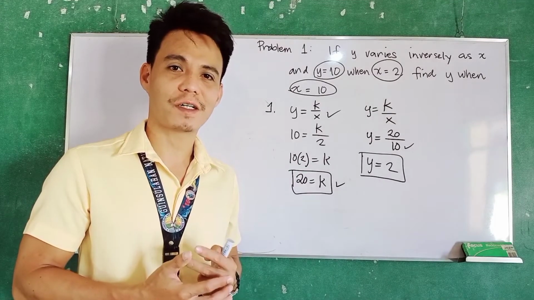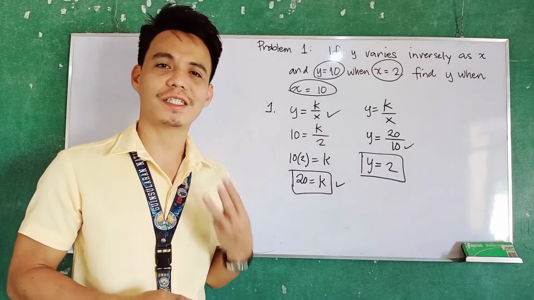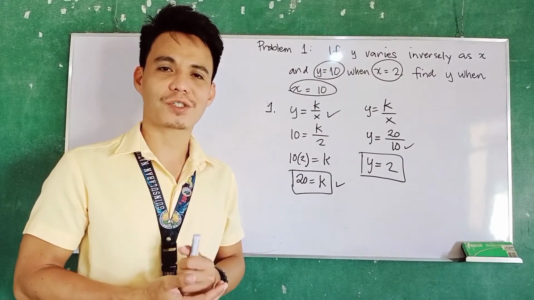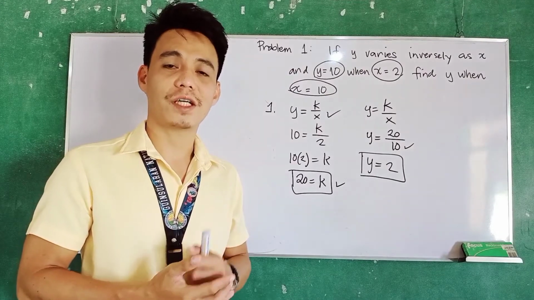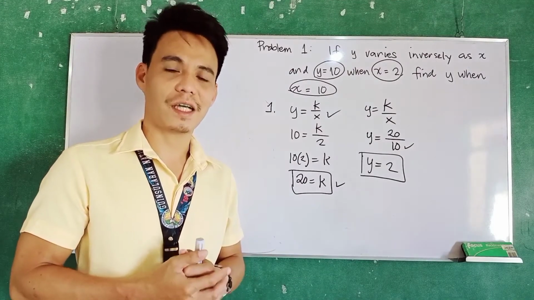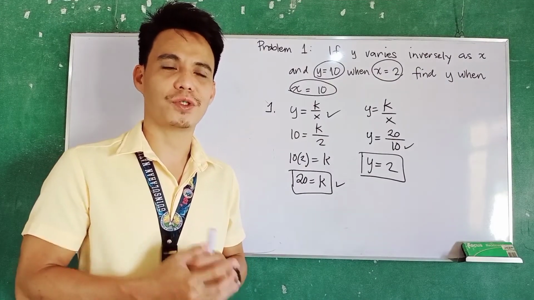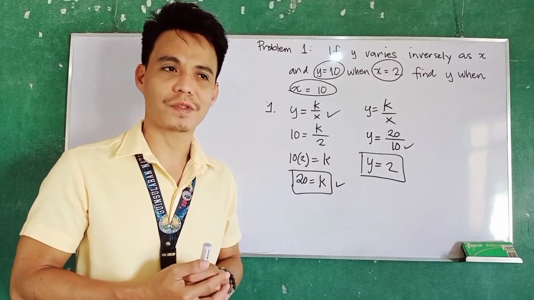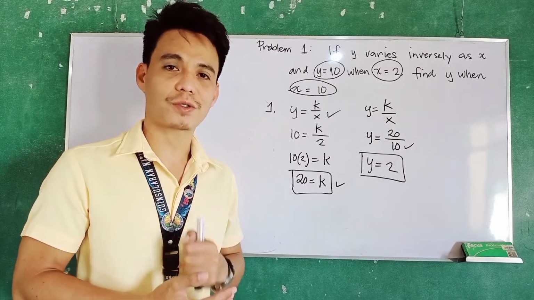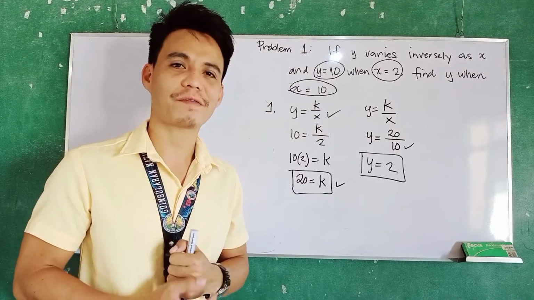Next is to solve for the value of the constant. Okay? So third, we have to use the equations in step 1 again. And fourth, we have to use the second given value and substitute for the k and for the given value to solve for the values missing. So there you have it.